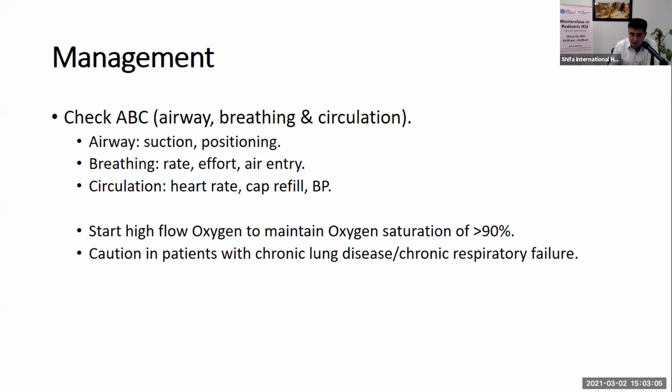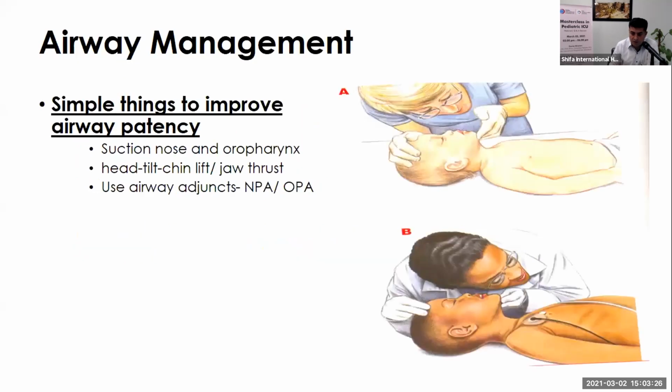So if the body is used to a low oxygen content, and you suddenly increase the oxygen content of the blood, it can give you sudden apnea. So caution in chronic lung disease and chronic respiratory failure, but in most cases, the treatment of respiratory failure usually starts with oxygen.